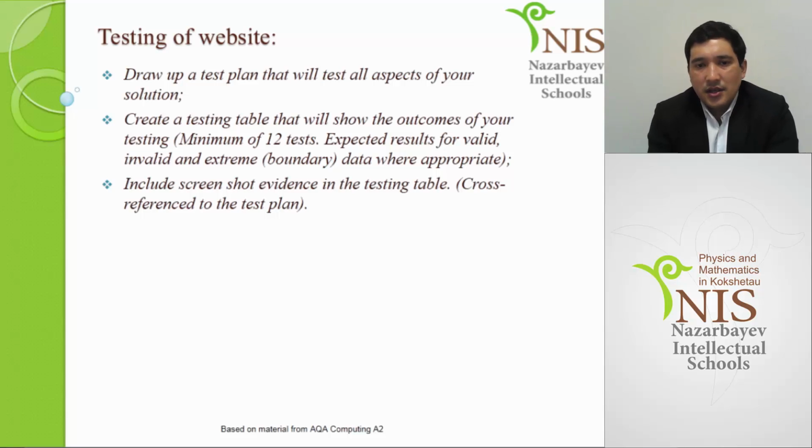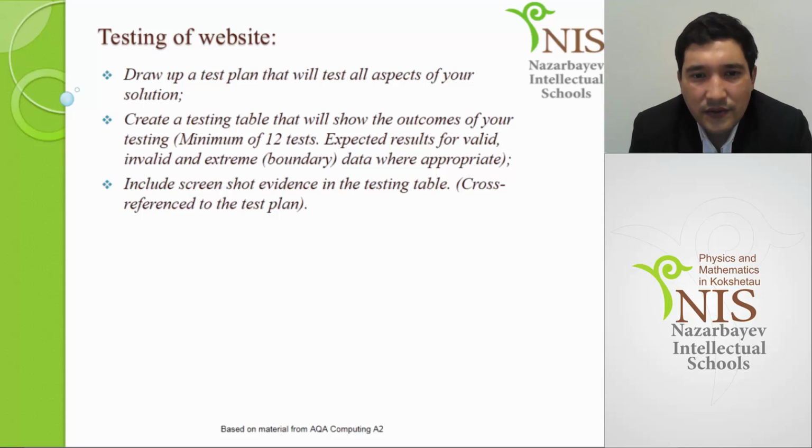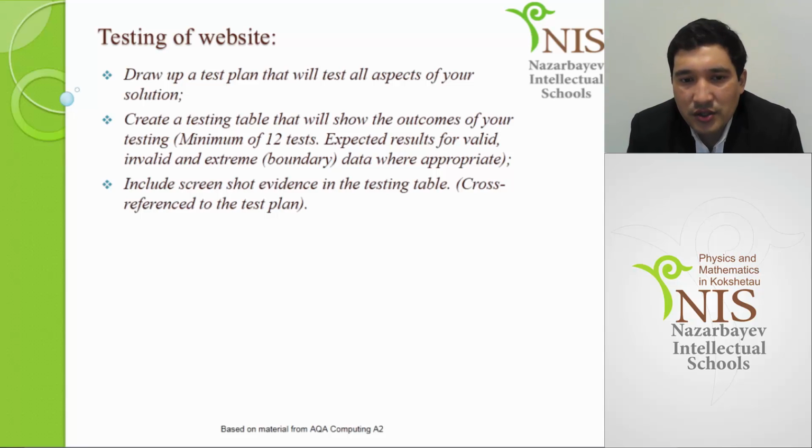Okay, if you create a website, when our students create a website, we use the next plan. Testing of website. First, draw up a test plan that will test all aspects of your solution.